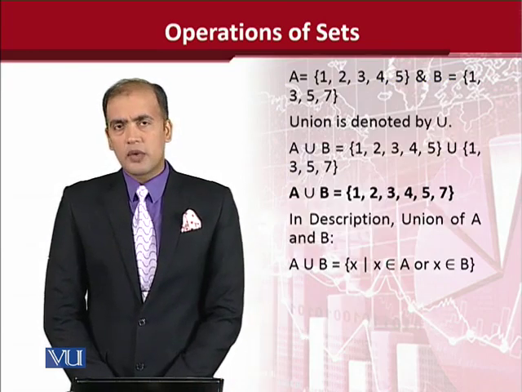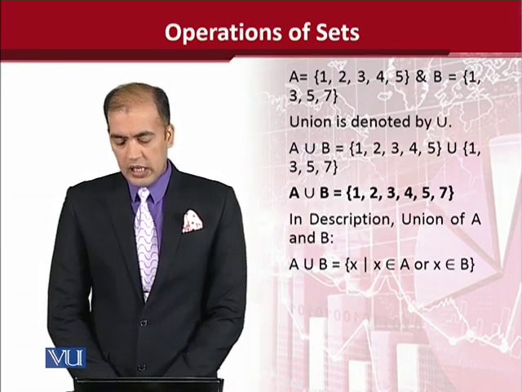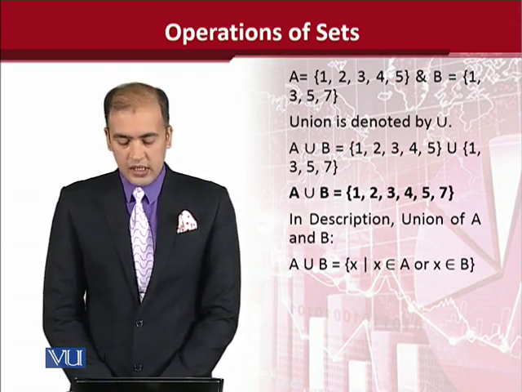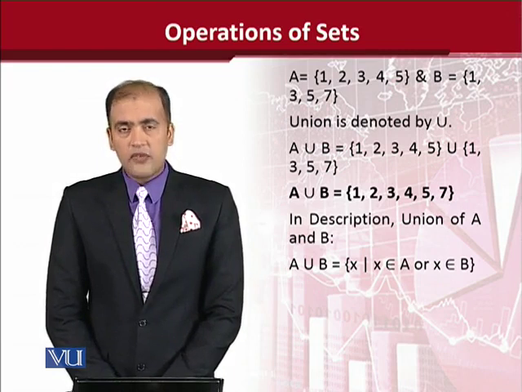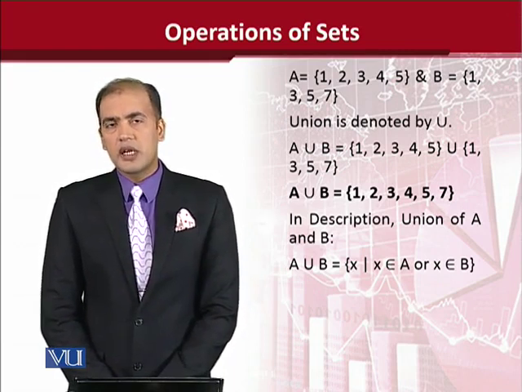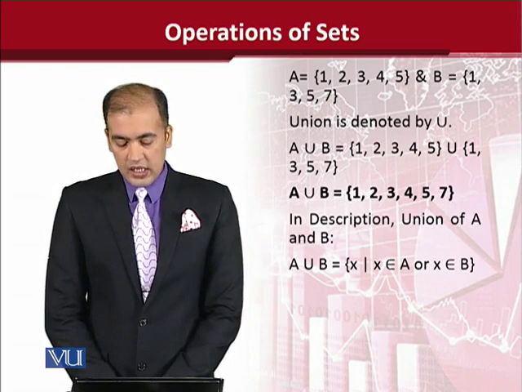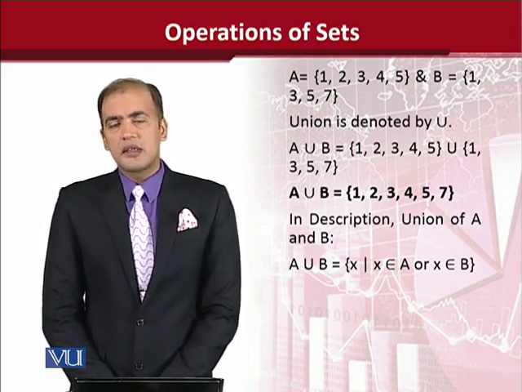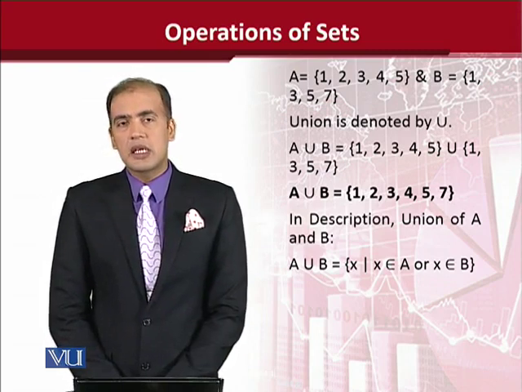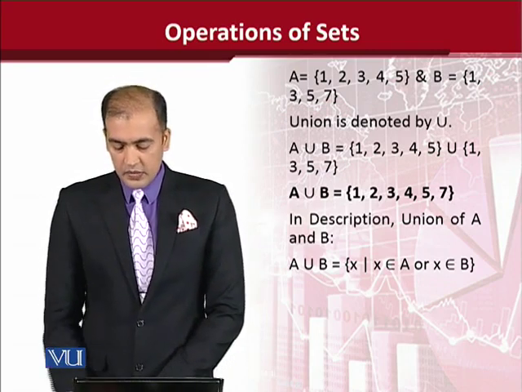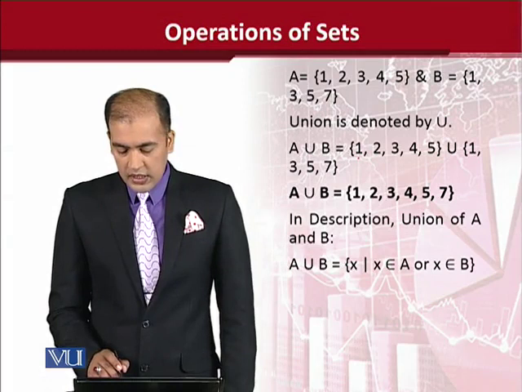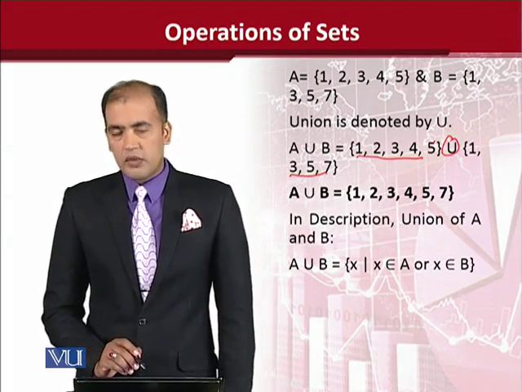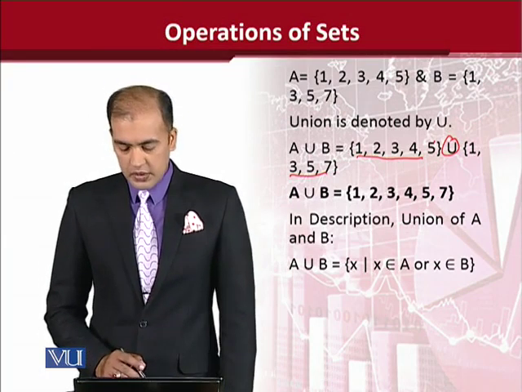A numerical example would be with the help of these two sets. One is A and the other is B, and they have their elements. If I am to take their union, I should write on the left hand side A union B, and on the right hand side their values with union in between. As you can see, we have this set A and this is set B, and this is union, showing that we are going to take their union.